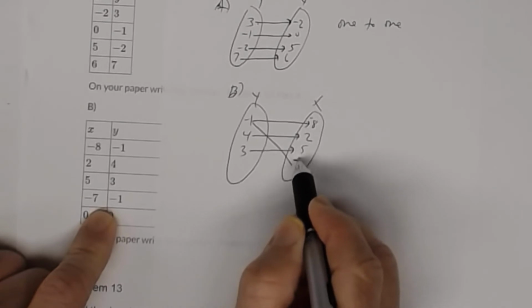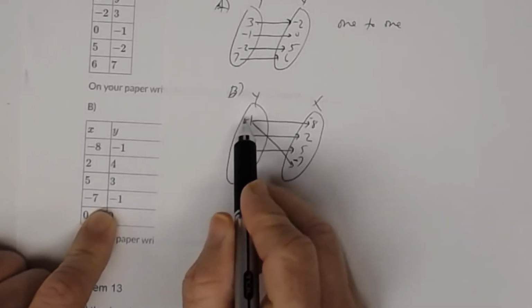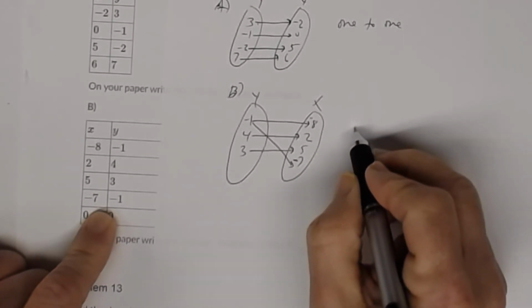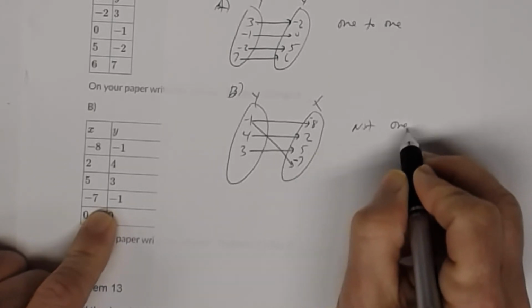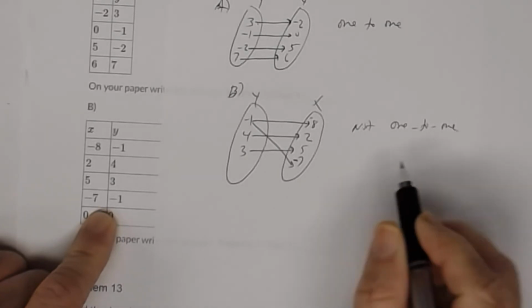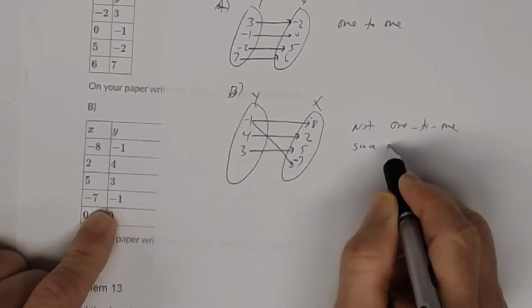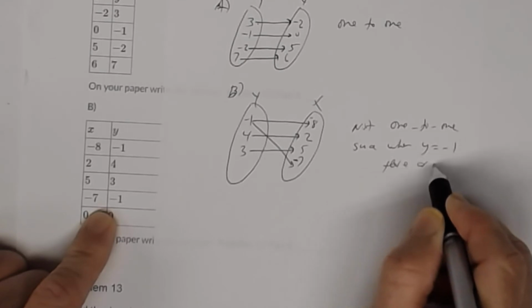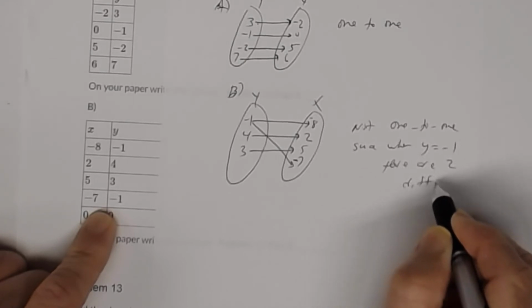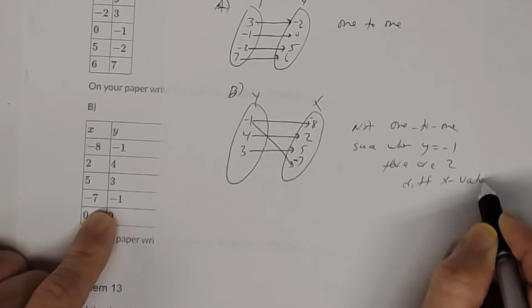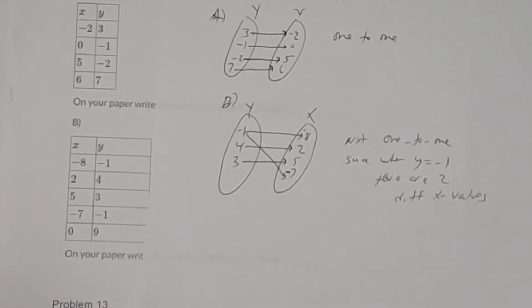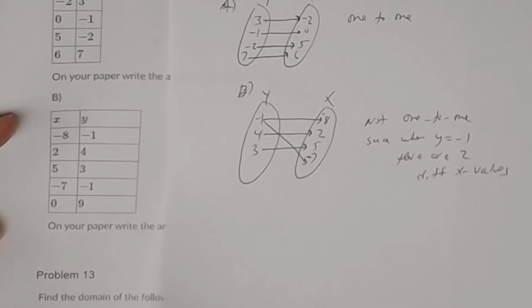So notice, when y is -1, there are two different x values. So this is not one-to-one. Okay? Since when y equals -1, there are two different x values. All right, so that's number 12.